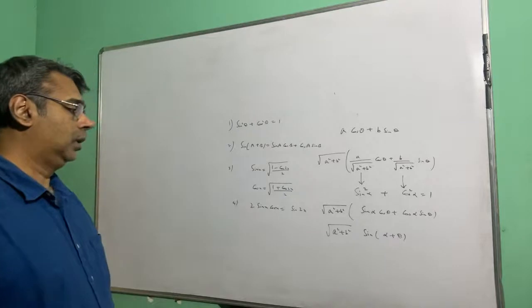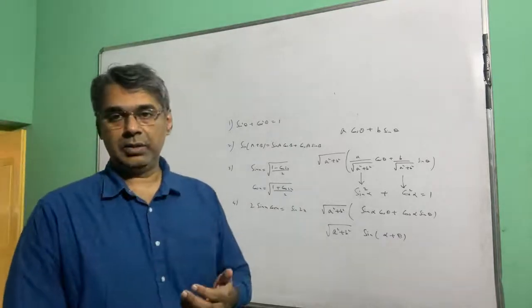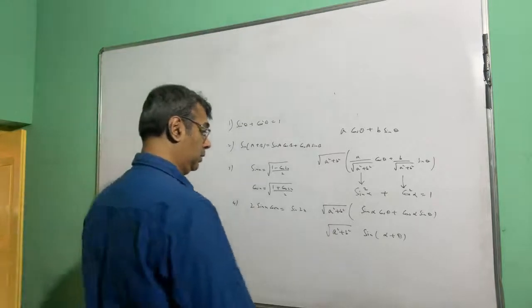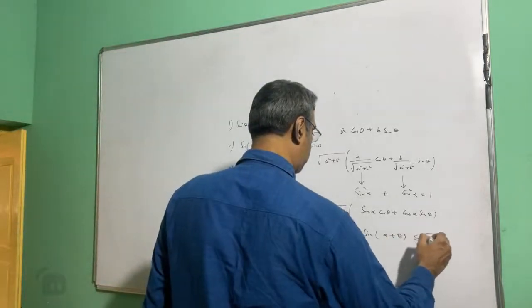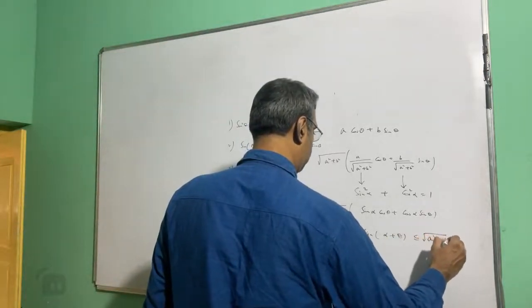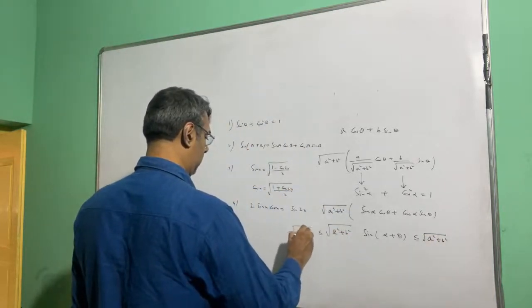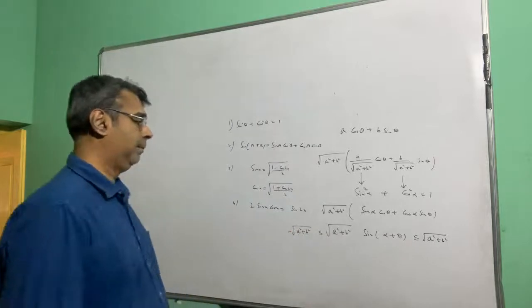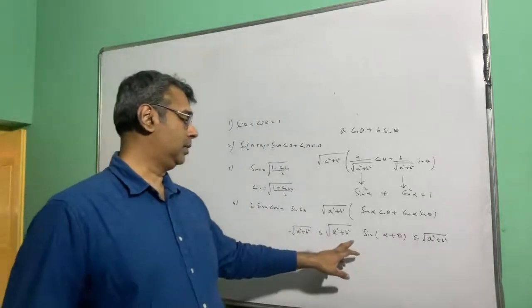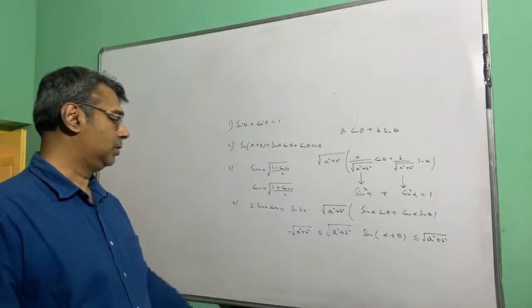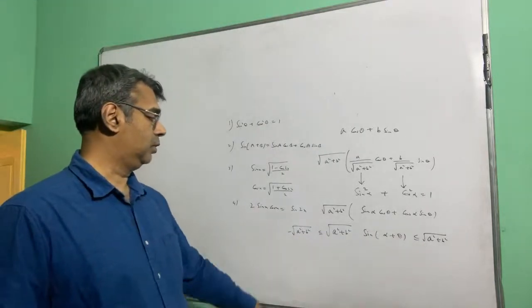Now you know that according to the range of sine, it is maximum 1 and minimum minus 1. So at the most it will be root a square plus b square, and at the least it will be minus of root a square plus b square. So root a square plus b square sin alpha plus theta is less than or equal to root a square plus b square and greater than or equal to minus root a square plus b square.